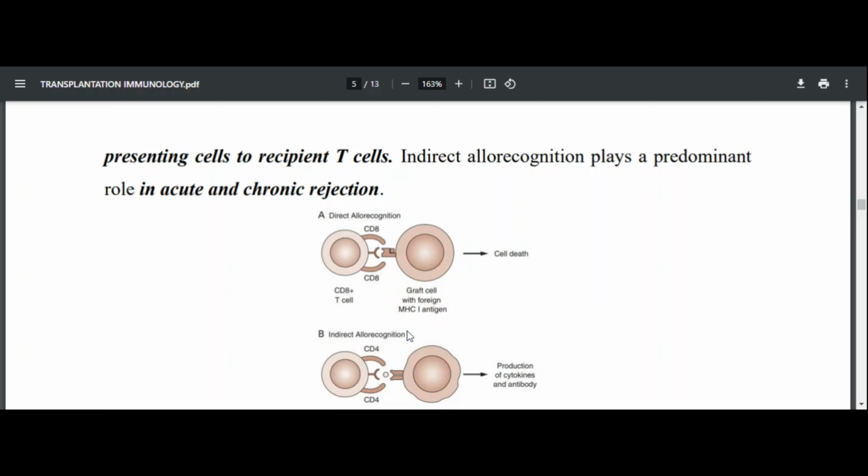But indirect involves the normal process of processing antigen and presenting it to the T lymphocytes for recognition. In fact, indirect allorecognition plays a predominant role in acute and chronic rejection of tissues. So we shall see those steps: hyperacute, acute, and chronic rejection.